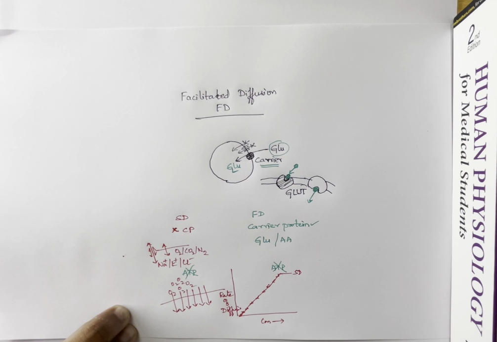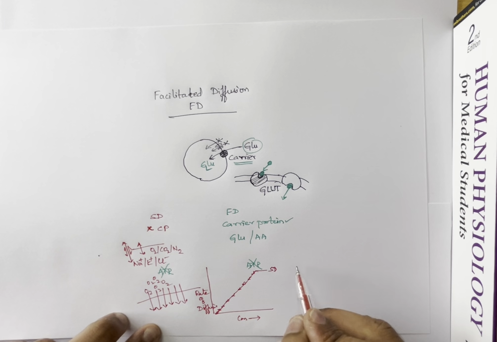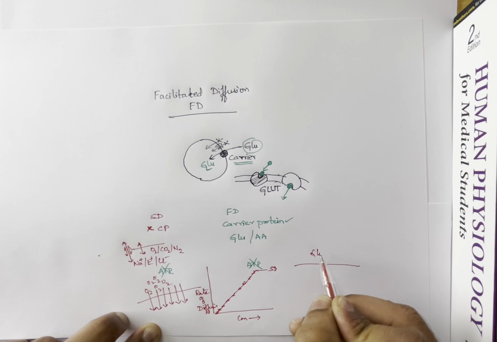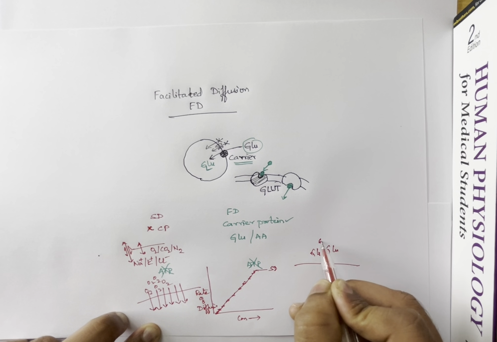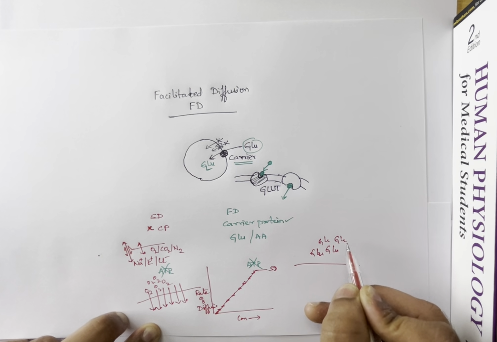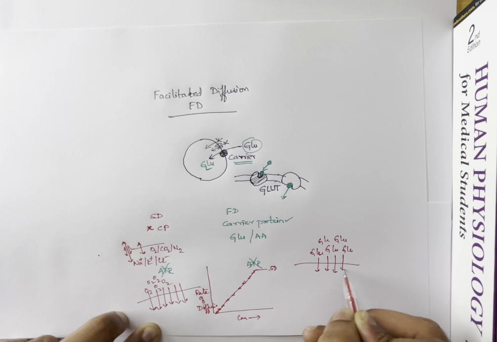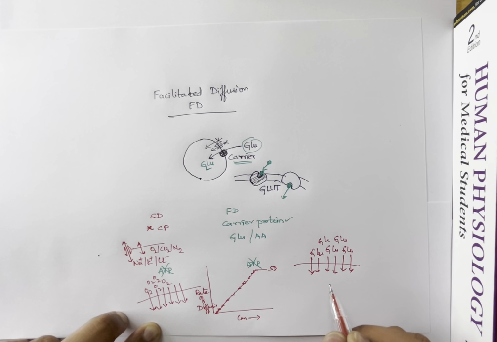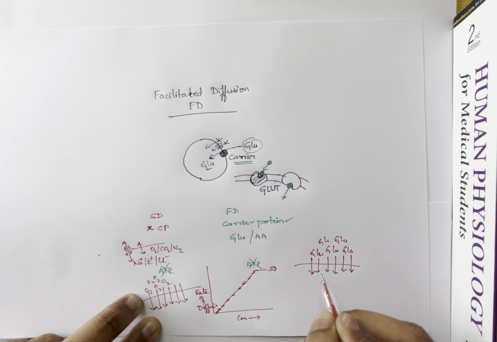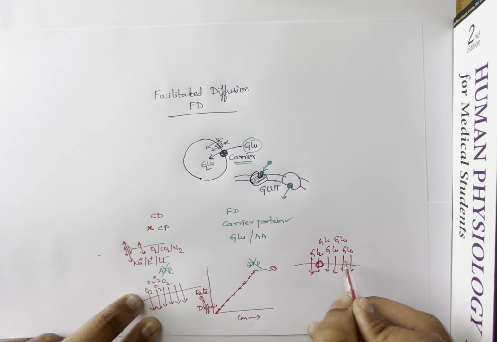But in facilitated diffusion, what is happening? If you increase the concentration of glucose on one side, will the rate of diffusion be proportionately more and more? No. This is because of the limited number of carrier proteins and binding sites.